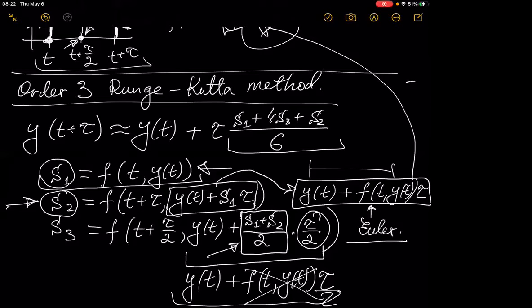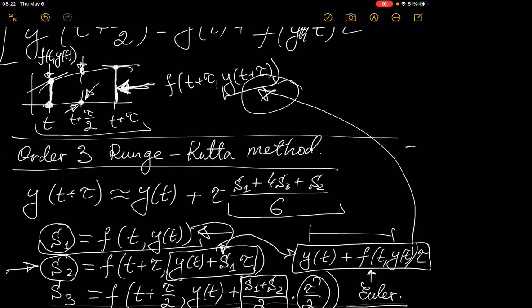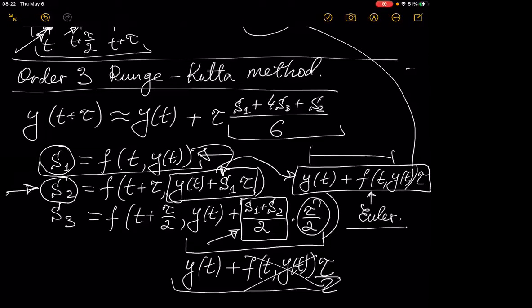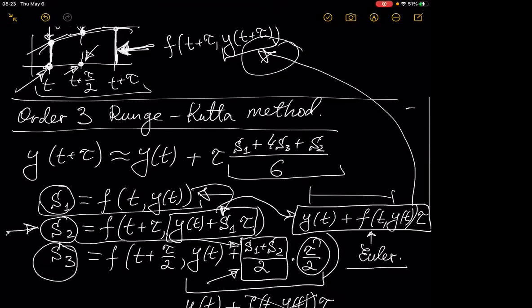Is it clear what is going on? Essentially you compute S1, then you use it here. Then you also use S1 as the value of your function here. And then you use both S1 and S2 in this computation and compute the slope of your function in the middle.